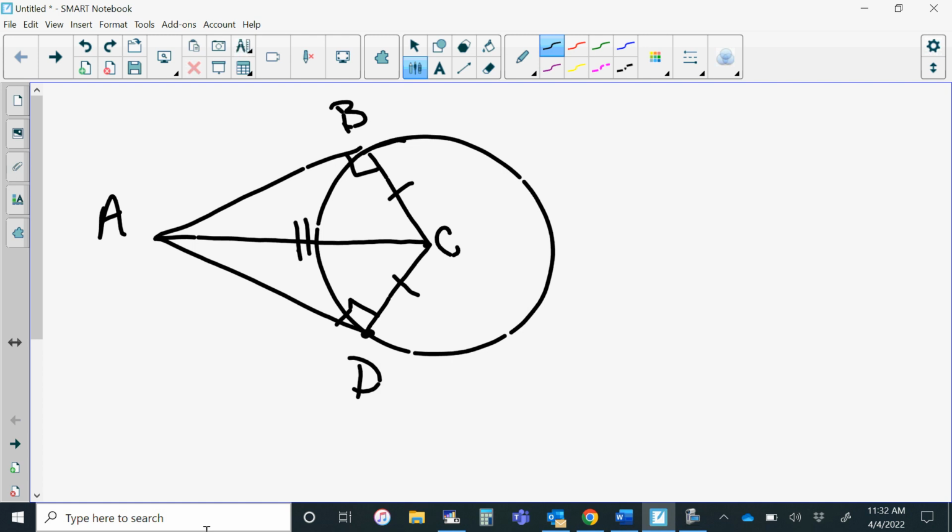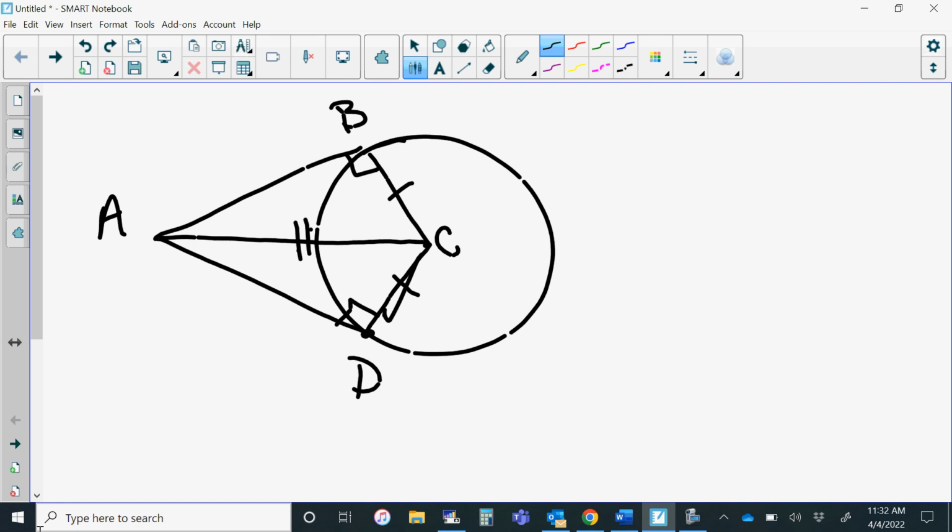What kind of triangles are these? Right triangles. There is one similarity or congruency statement that only works for right triangles. It is called the HL, which says if you know the hypotenuse and you know one leg, that's all you need to say these two triangles are the same.